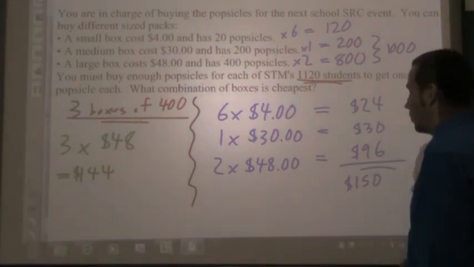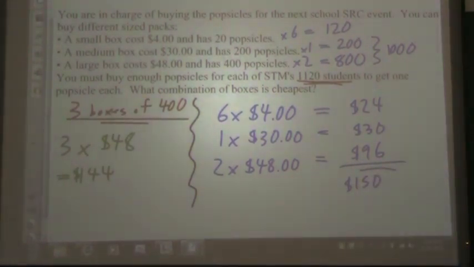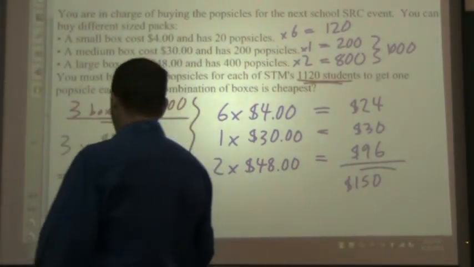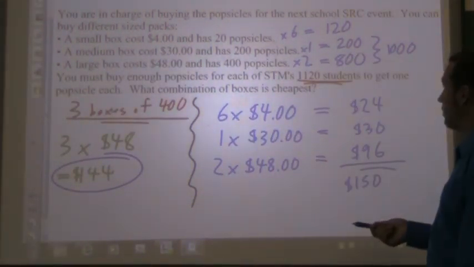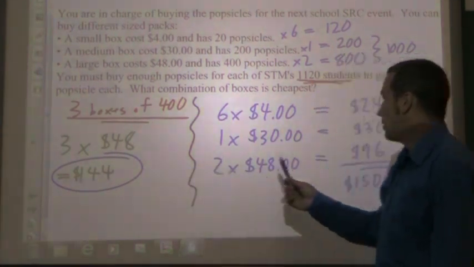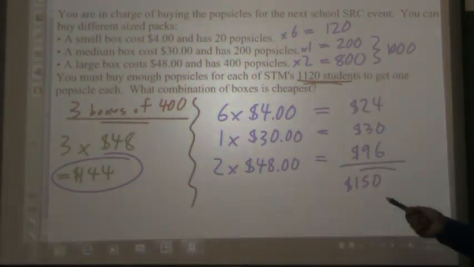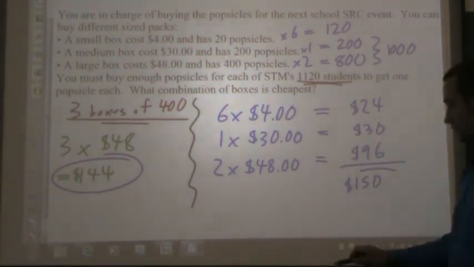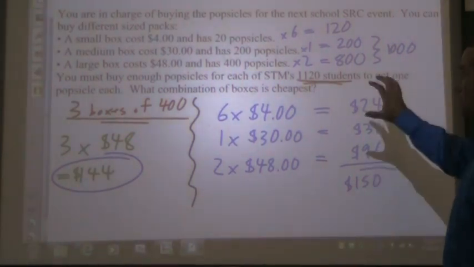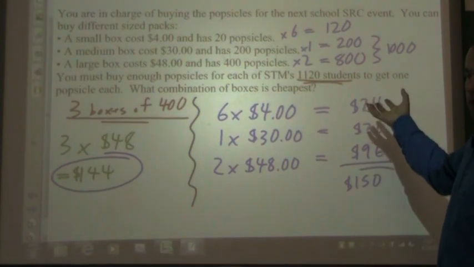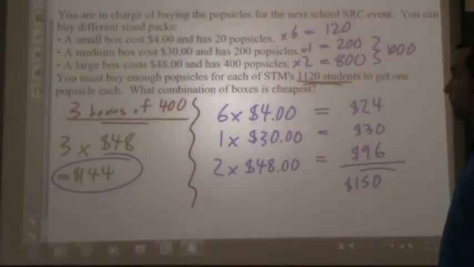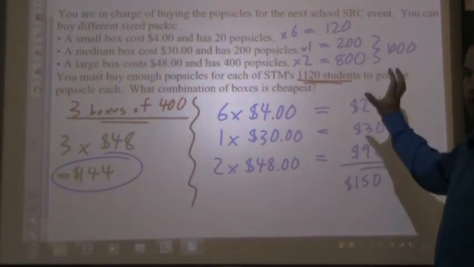So this scenario would cost me $150. So the better deal is this one right here. Even though I bought more popsicles than I need, I still spend less money than if I buy this combination that gives me just what I need. So this is one where you're not doing a unit price per se, but you're thinking about the logistics behind a real life problem. That's where we try to go with a lot of these scenarios.